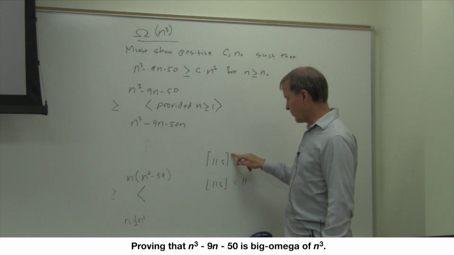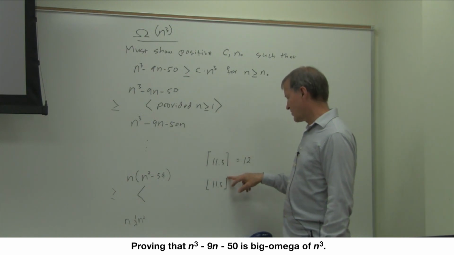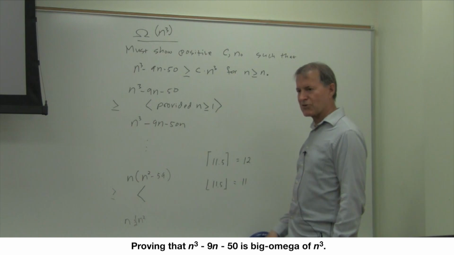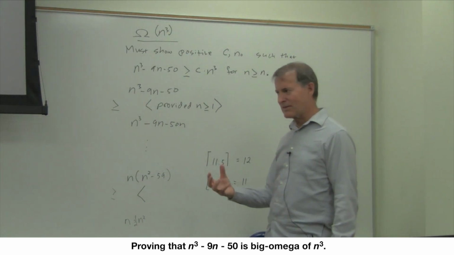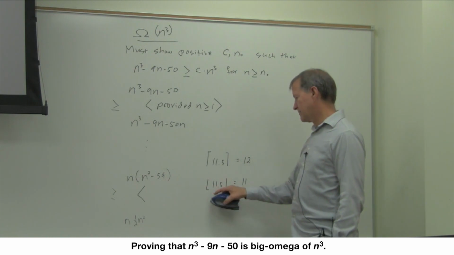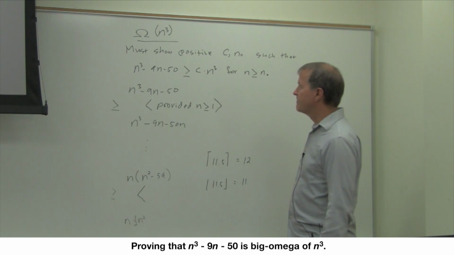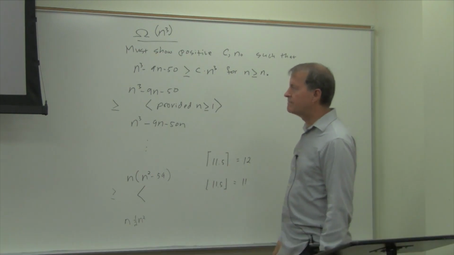And this is the symbol for it. I don't think we use these symbols in this course because we don't deal with real numbers very much. This is all discrete structures, so everything is an integer. But just in general, this is the ceiling, this is the floor. It's round up and round down.